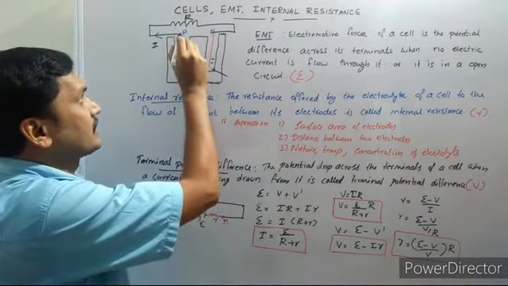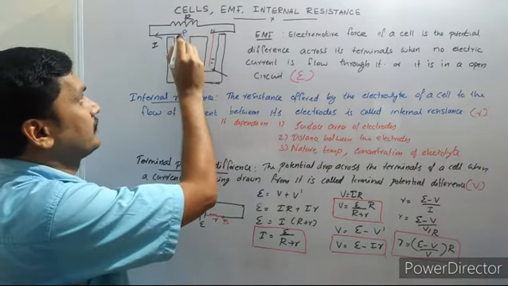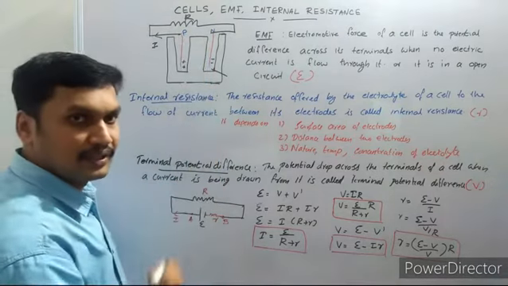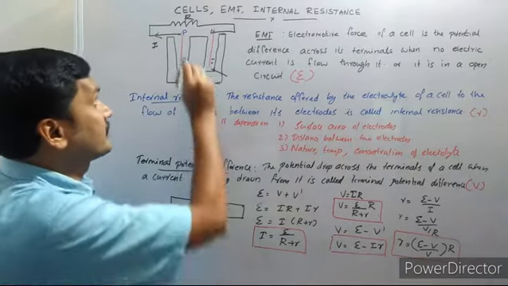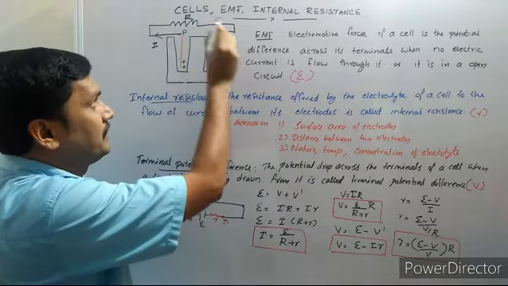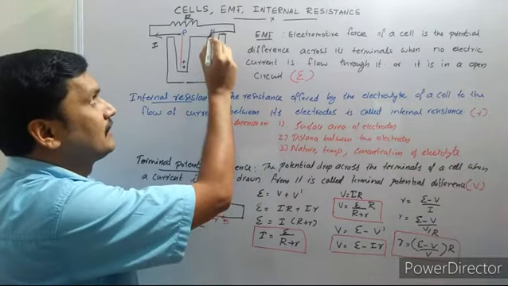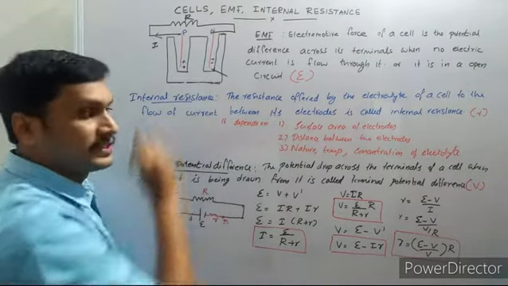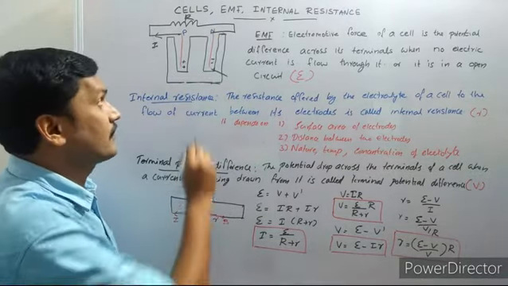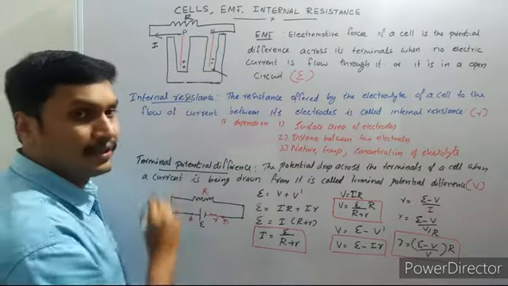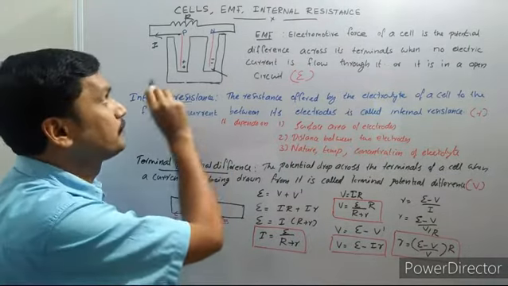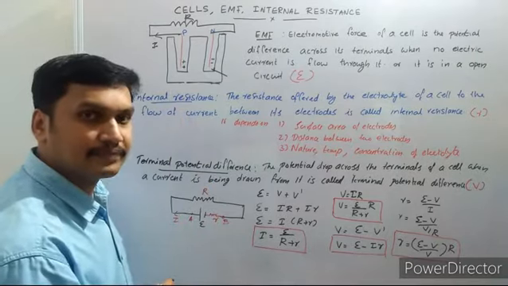In the external resistance, the current flows from P to N. And inside the cell, there is a current, or charges flow, from the negative terminal to the positive terminal, from N to P inside the cell.